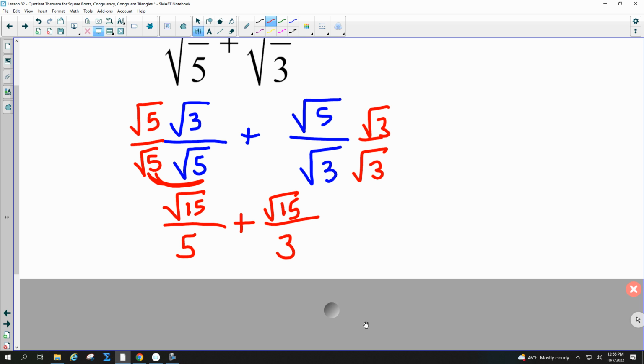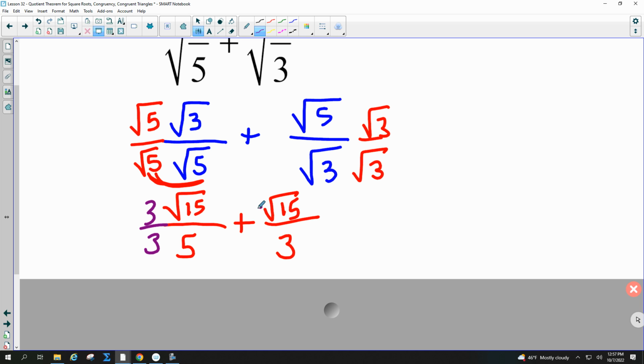So rationalize your denominators, then get common denominators just like you would in normal fraction work. So Anders, what should I multiply this first one by? Exactly, 3 over 3. And Sophia F., what should I multiply the second one by? 5 over 5. Exactly.